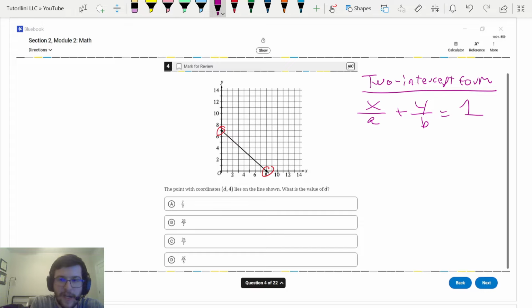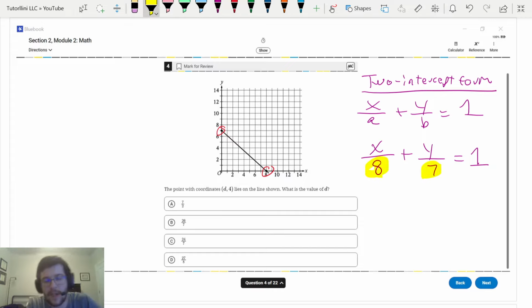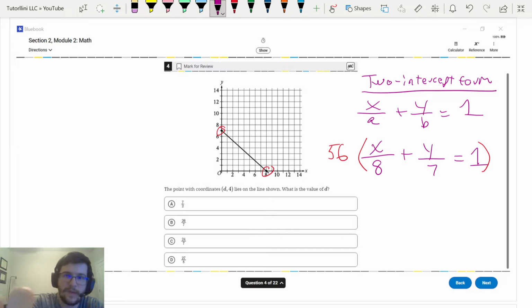So x divided by the x-intercept, which is 8, plus y divided by the y-intercept, which is 7, equals 1. And you multiply by the least common denominator. So the least common denominator of 8 and 7 is 56. So we multiply by 56 just to make the math easier. So we get 7x plus 8y equals 56.